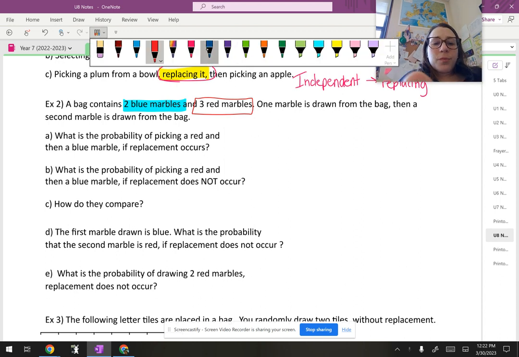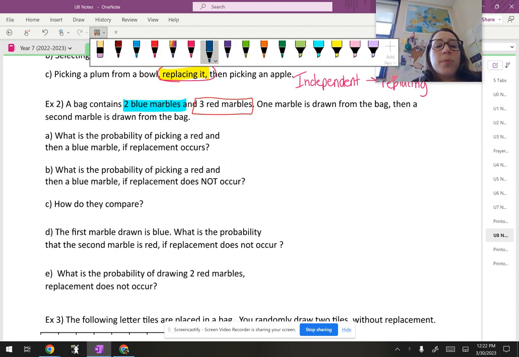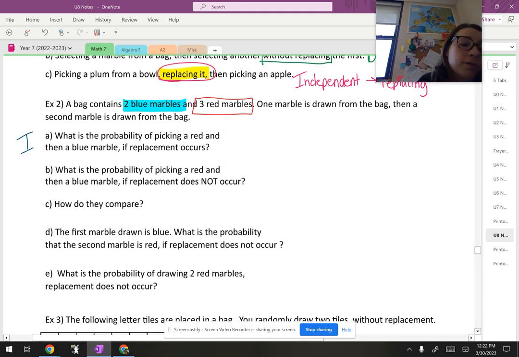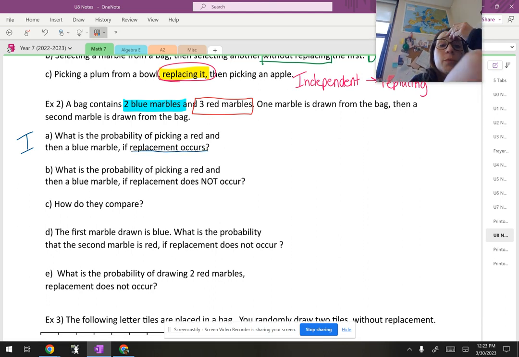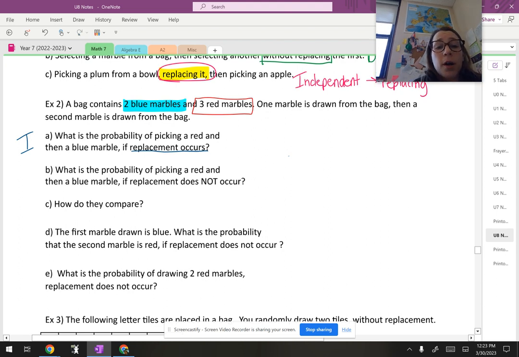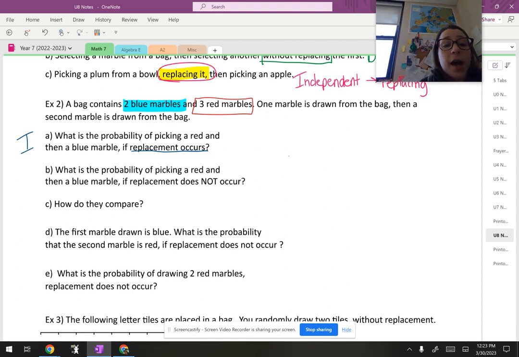So, part A. What is the probability of picking a red and then a blue marble if replacement occurs? This is an independent event because replacement occurs. So this is just like what we were practicing yesterday. So the probability of you picking a red marble, still 2 events are happening. So 2 fractions.